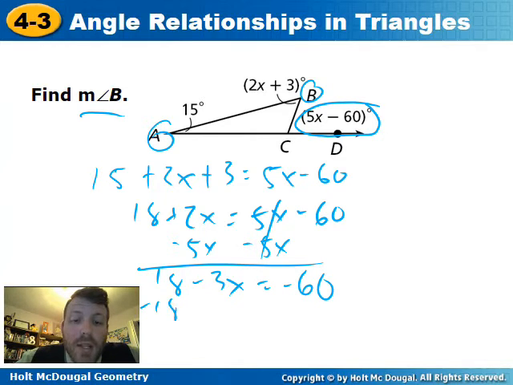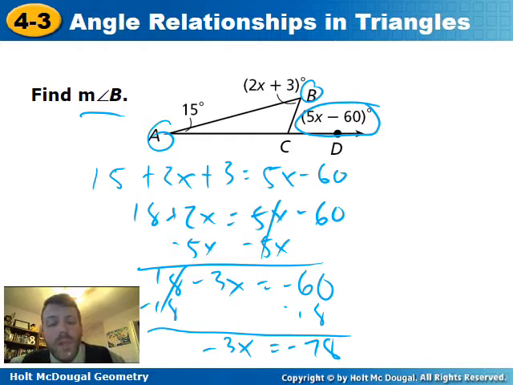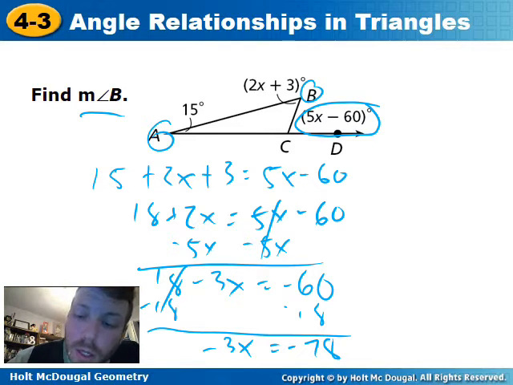You're going to subtract 18 from both sides. You're going to have negative 3x equals negative 78. Now, you're going to divide negative 78 by negative 3, and you're going to get 26. So x is going to equal 26.